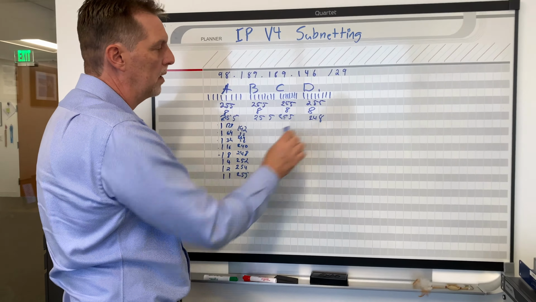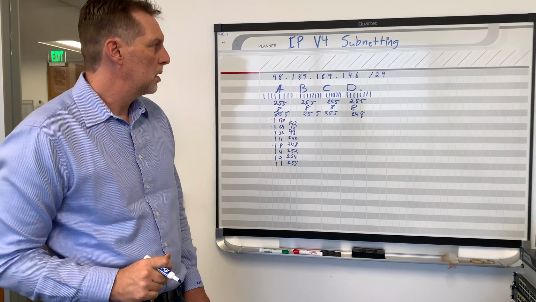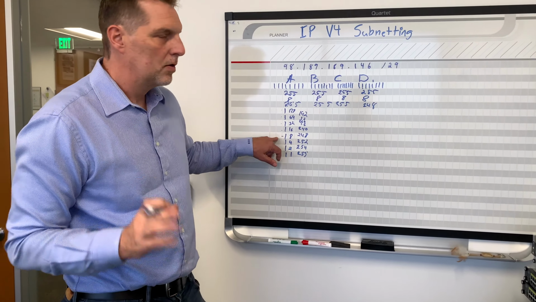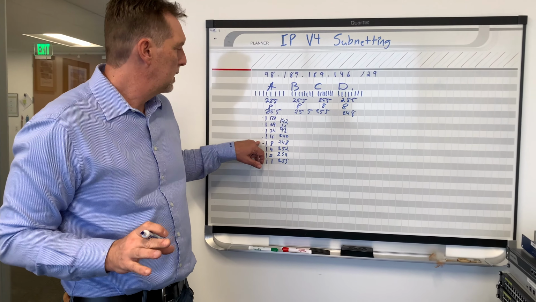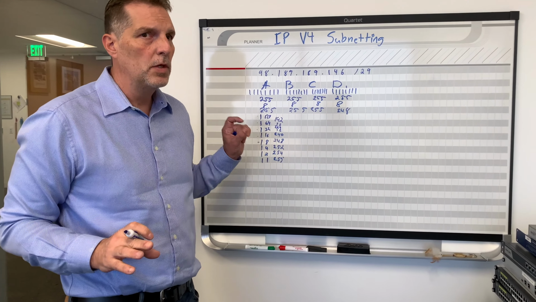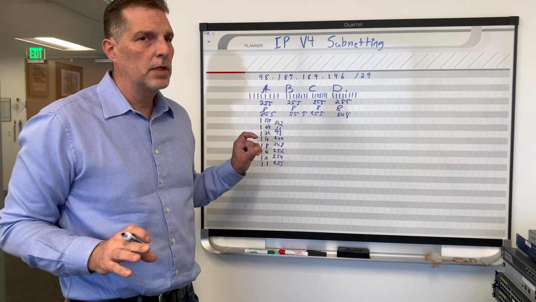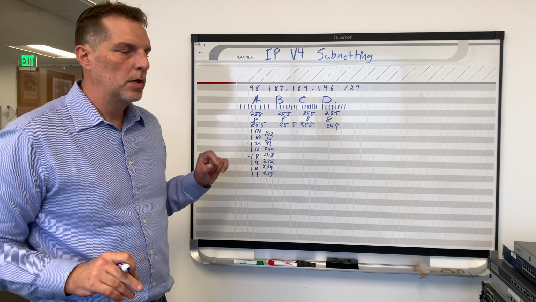Subnet mask is what tells you how many addresses are in here. So here's just a rule that you can kind of think of. When you get a /29, you actually only have 5 usable IP addresses. So these are the ones that you're going to actually be able to use.